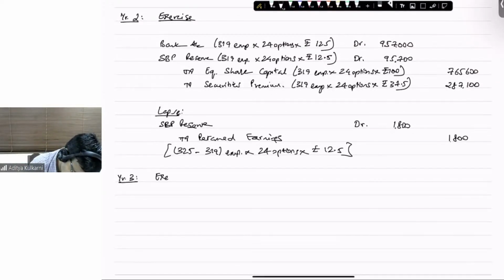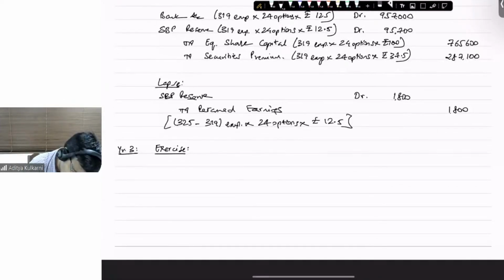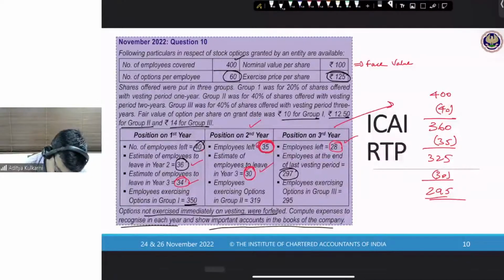Exercise. Bank account debit. How many are exercising? Employees exercising is 295. Employees at the end of the period is 297. That means 2 are not exercising.